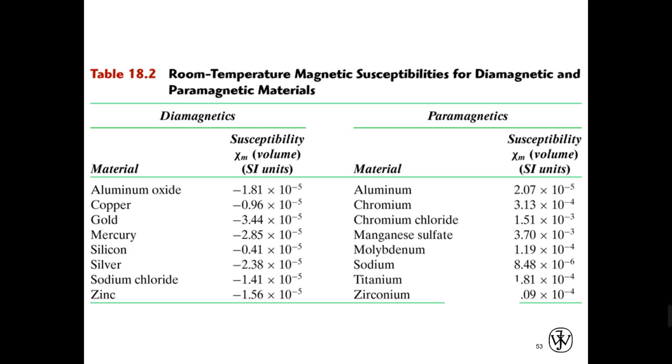Examples of diamagnetics are aluminum oxide, copper, gold, silicon, silver, and zinc, with the susceptibility Xm values in SI units. And we have paramagnetics: aluminum, chromium, sodium, titanium, and zirconium, with their magnetic susceptibility Xm values.